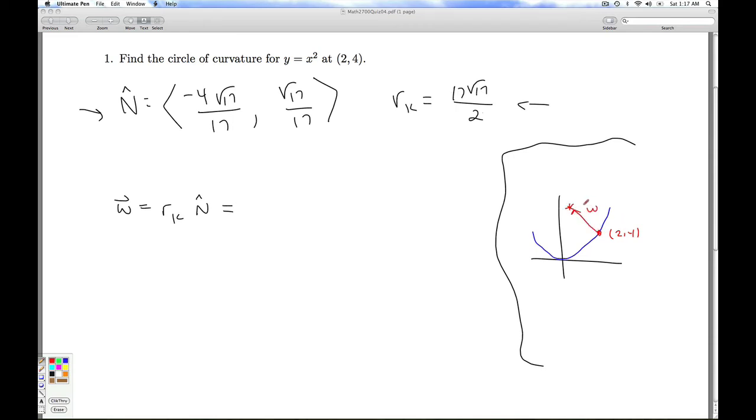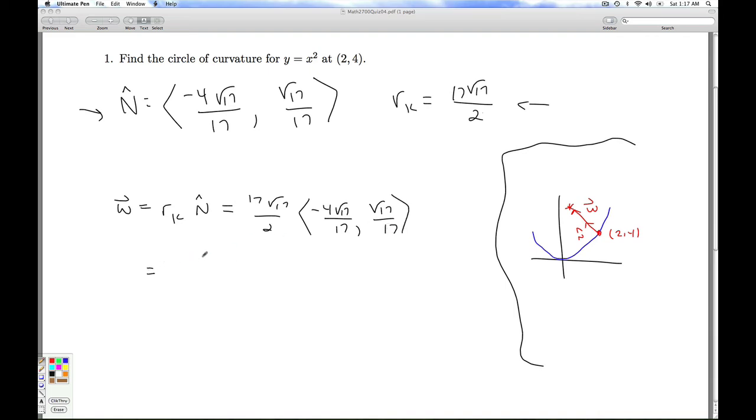So this is going to be the vector w. It's going to be the correct multiple of n hat. That'll get me from 2, 4 to the center of curvature. So that's what w is. Let's go ahead and compute that. It's 17 radical 17 over 2 times negative 4 radical 17 over 17, radical 17 over 17.